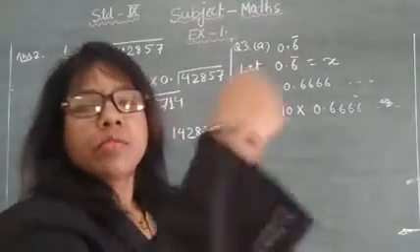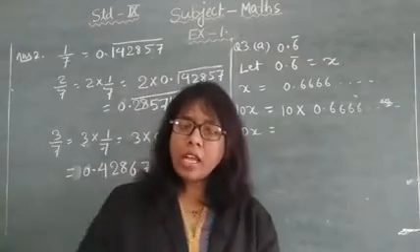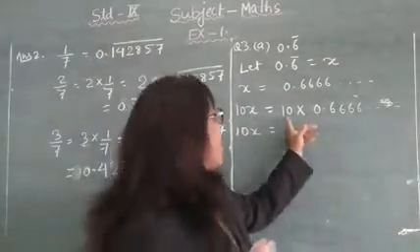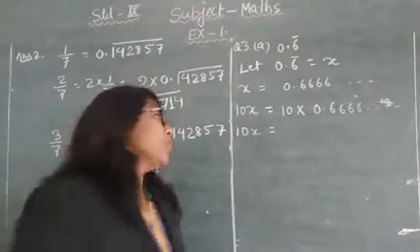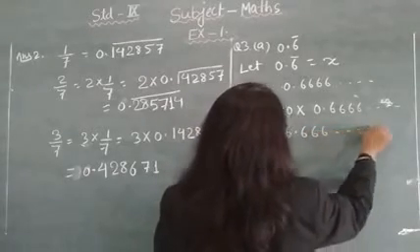Multiply by 10, shift one number right. Multiply by 100, shift two numbers right. Multiply by 1000, three numbers right, like this. Here multiply by 10 means one number right only, so it is 6.6666, like that.